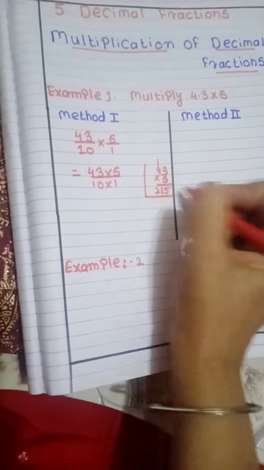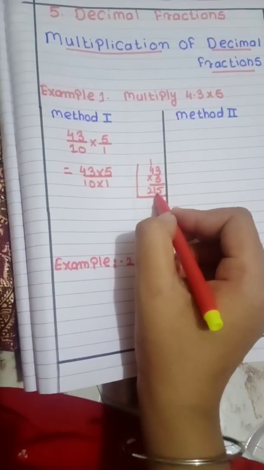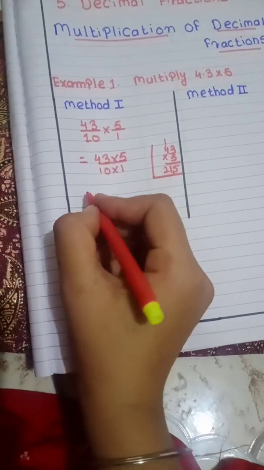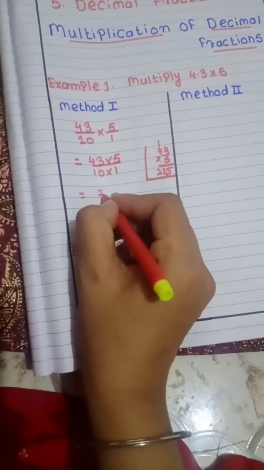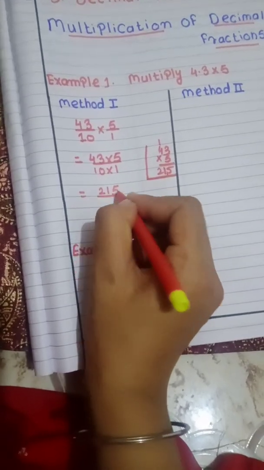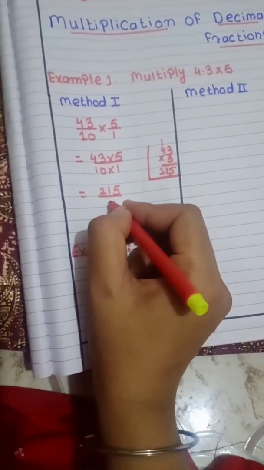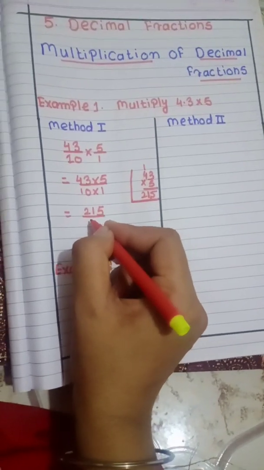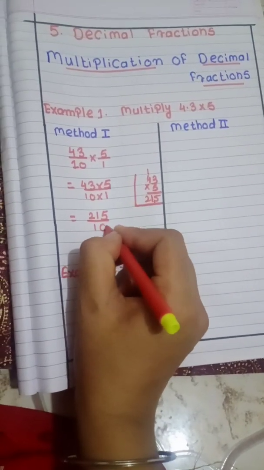So what is the answer? 215. So here I will write 215 and 10 ones are 10.